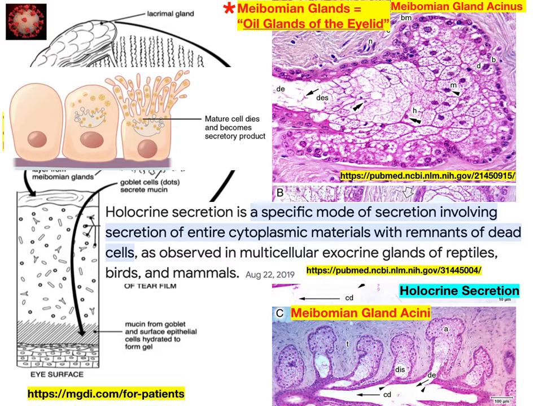In the lower part of the slide, you see meibomian gland acini, which is plural. And you can see at lower magnification an array of acini, each discharging oil material with cellular debris into the central collecting duct of the meibomian gland.